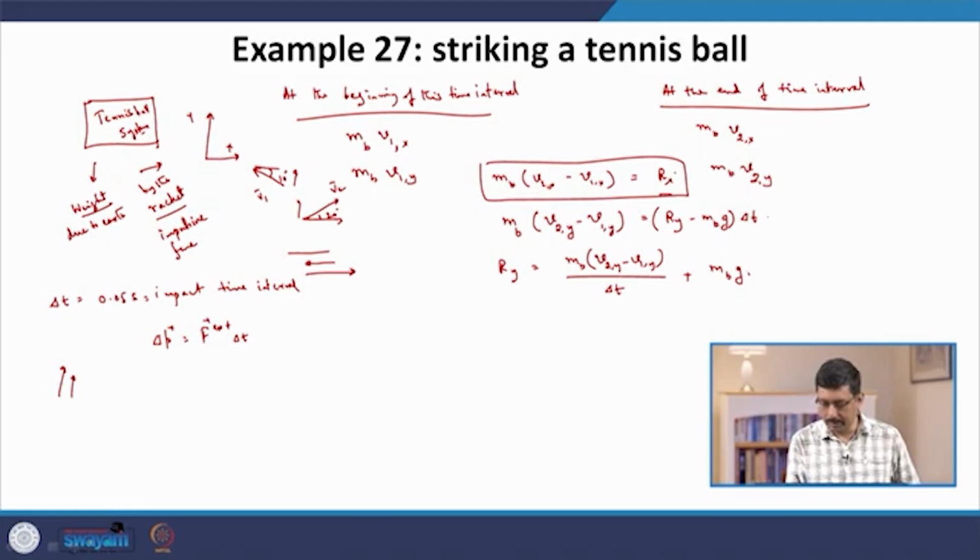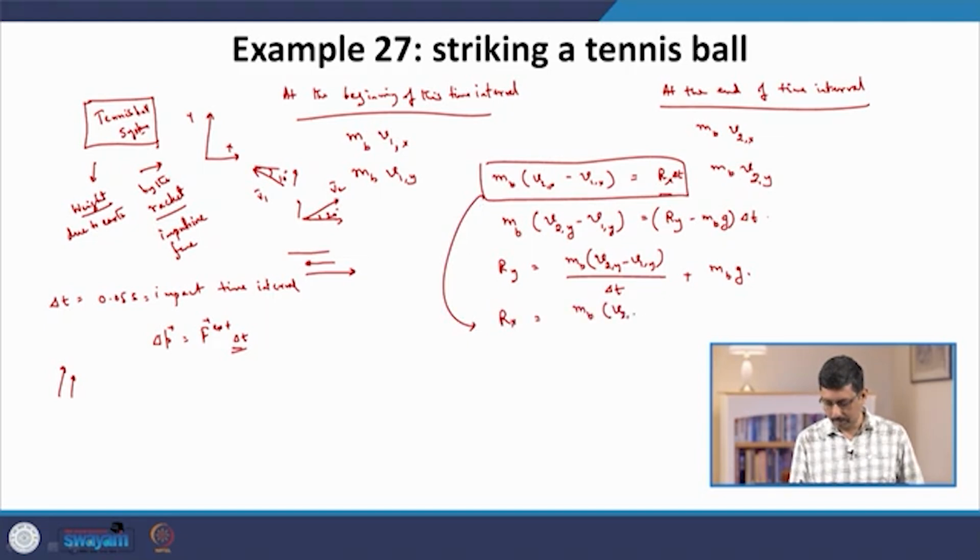In the x direction, this is the force, and our rule is multiplied by delta t. So, the change in the x component of the momentum should be Rx times delta t. So, then from here we can write Rx to be m times (v2x minus v1x) divided by delta t.